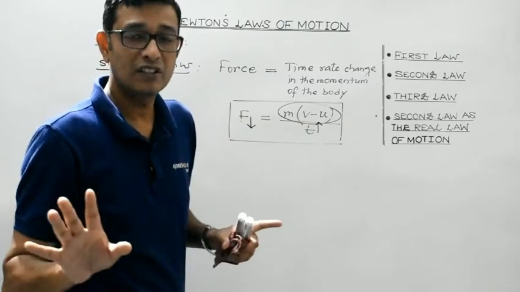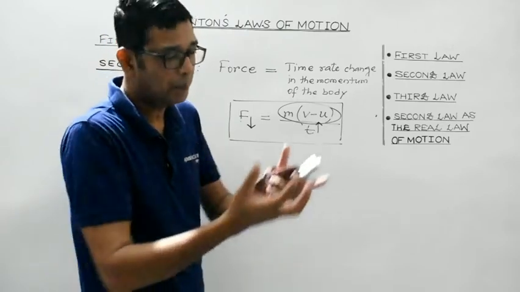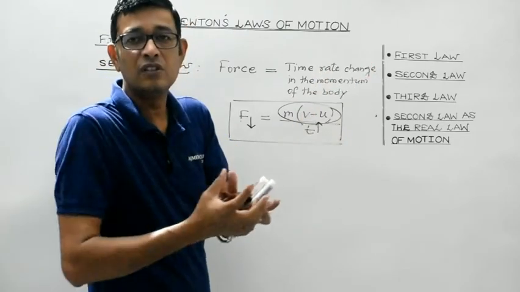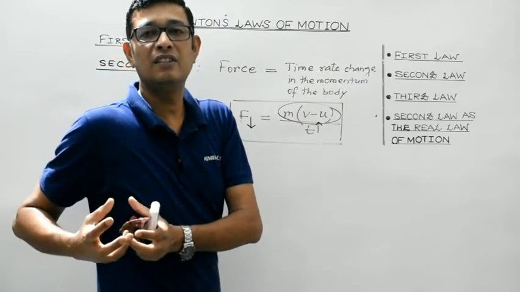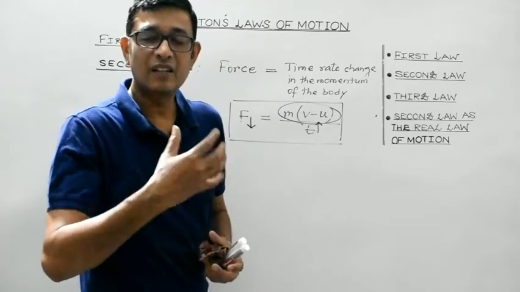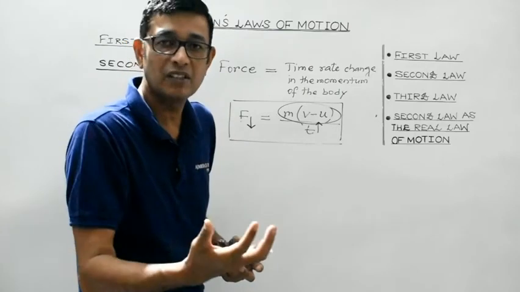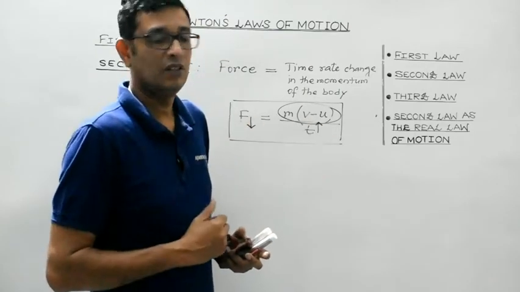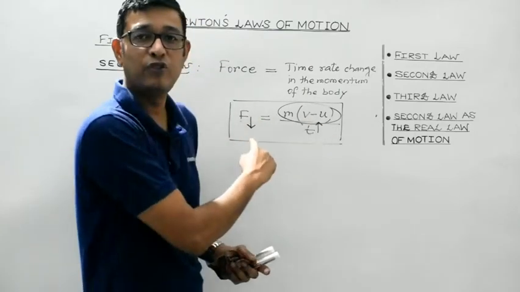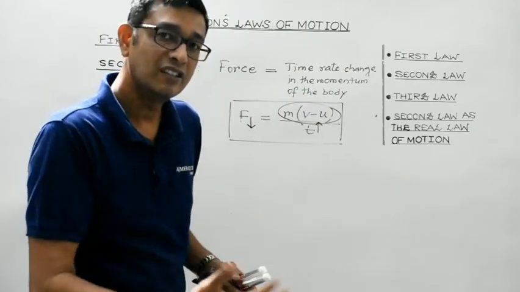Is that clear, students? So, while taking a catch, a player always tends to lower his hand so that the catch is completed in much more time, so that the change in the momentum takes place in more time. As a result, the impact of force gets greatly reduced.